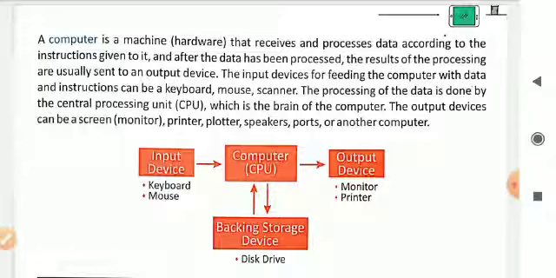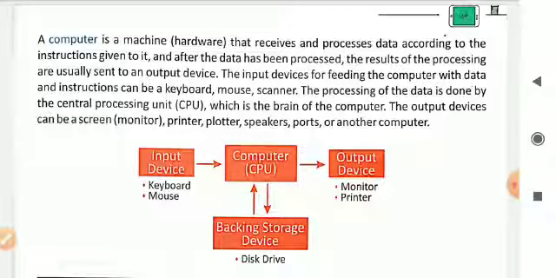As you know, a computer is a machine which receives our instructions and data, and after processing by the CPU, it shows our result on an output device. The input devices for feeding the computer with data and instructions can be a keyboard, mouse, scanner. As you know, the input devices feed our data with the help of the keyboard, mouse and scanner.